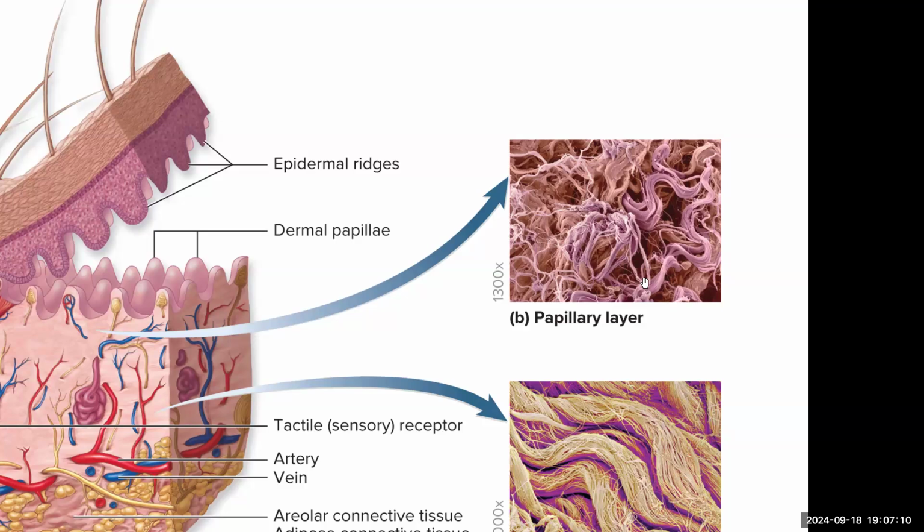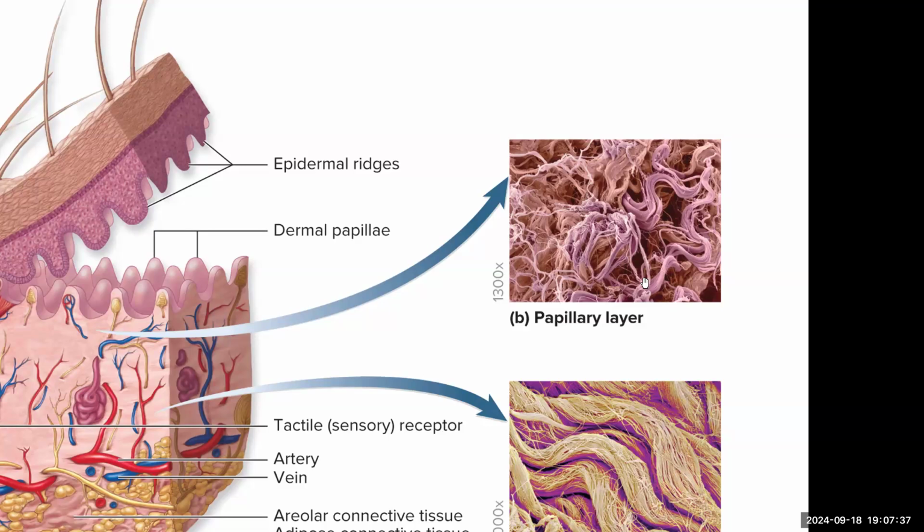And then when we go down here to the reticular layer, you will see you have more of these swirls here. And that's mainly because of, you want to take a guess? It's not up there. Well, what's one of the components of connective tissue? Remember there's three parts to connective tissue? Cells. I don't want to give you the other ones because it'll give away the answer. Yep, protein fibers and ground substance.